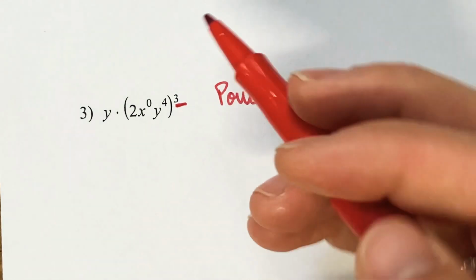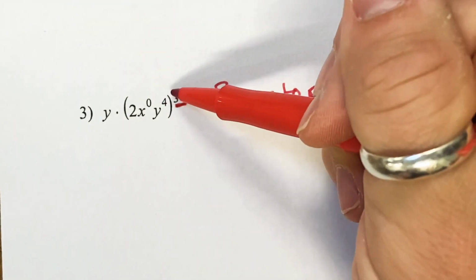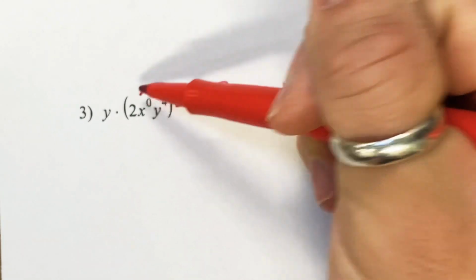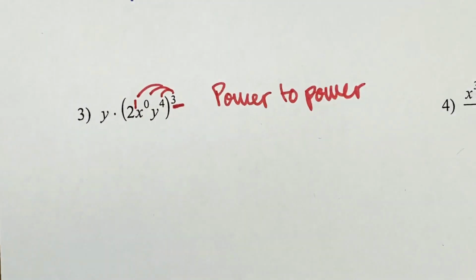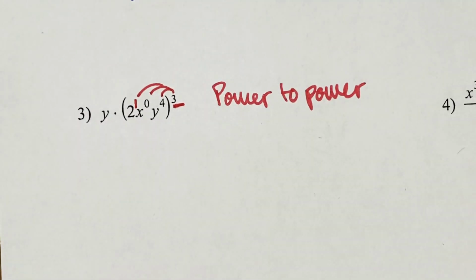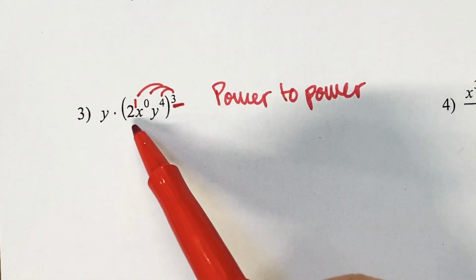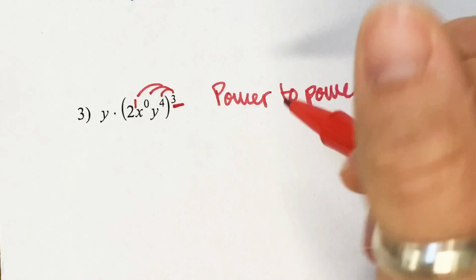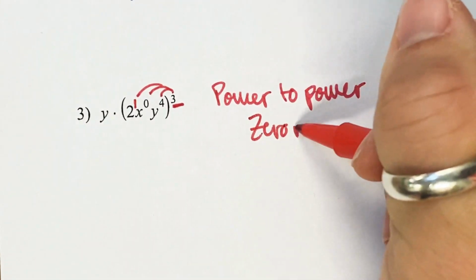So what we need to do now is take that 3 and it multiplies or distributes to every single base. Remember that 2 is also a base. So we had 2, x, and y. But before we multiply, do you see anything that we can simplify here? What is this x to the 0? Remember our 0 rule?